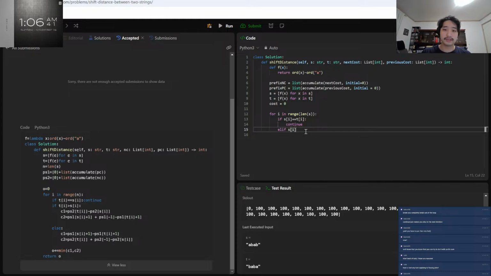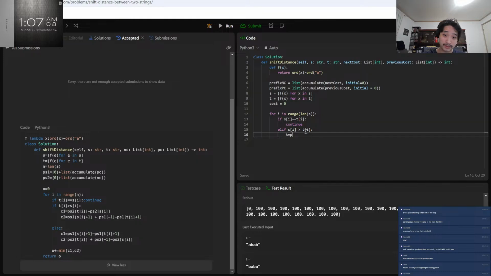Okay, if s is larger than t of i, then there will be, I need two values. I need to calculate one using the previous cost and one using the next cost.